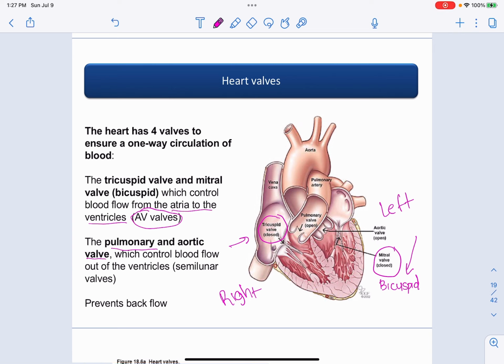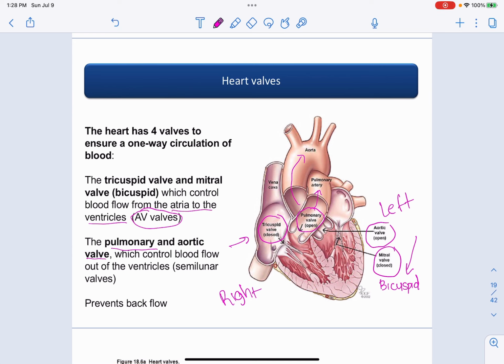And it kind of tells you which one is which because it is the vessel in which it is headed towards. So this is the pulmonary valve right here because that is the pulmonary artery. The blood is headed towards the lungs. And then on this side is the aortic valve because the blood is headed up toward the aorta to go to the rest of the body.